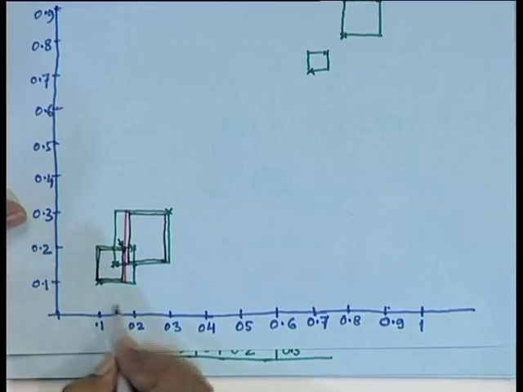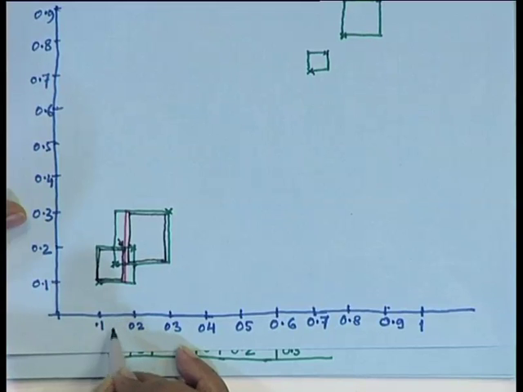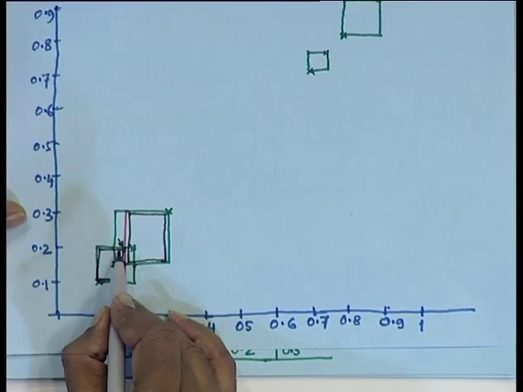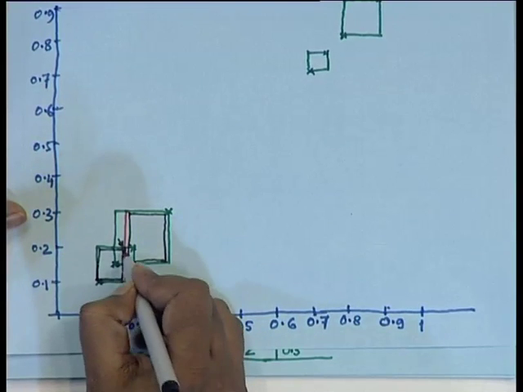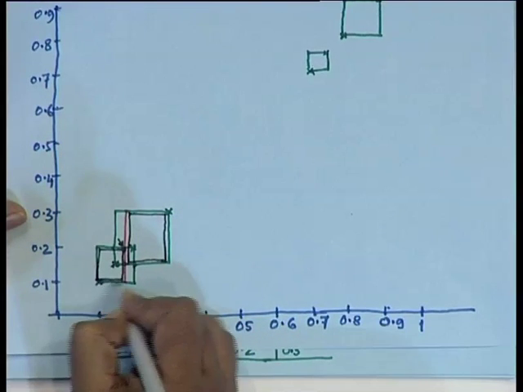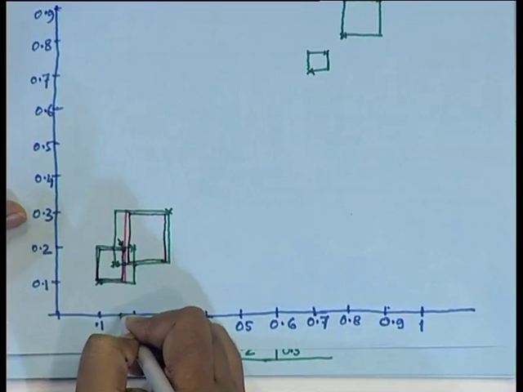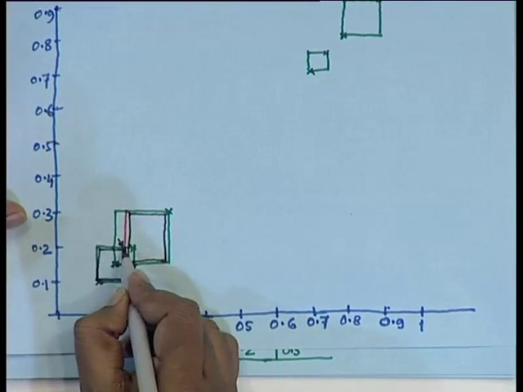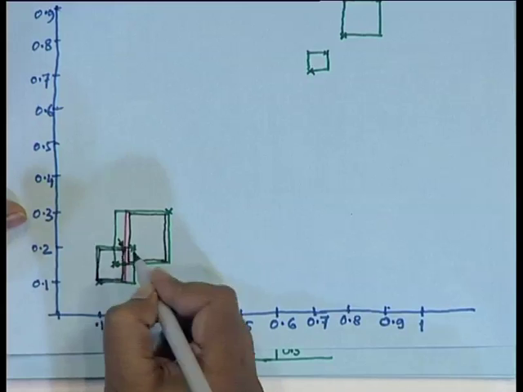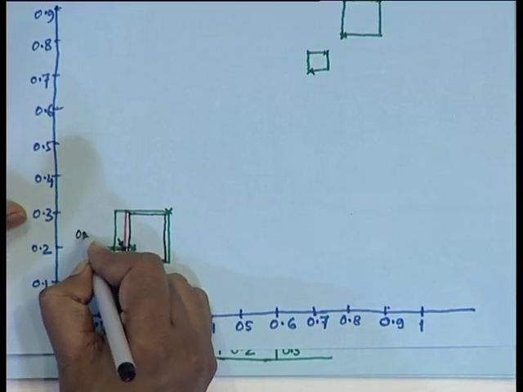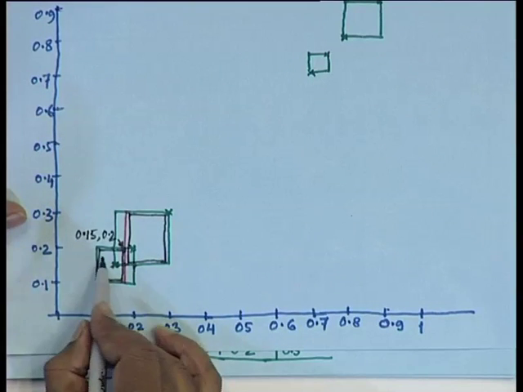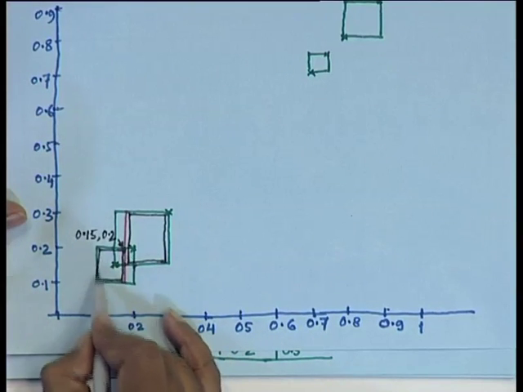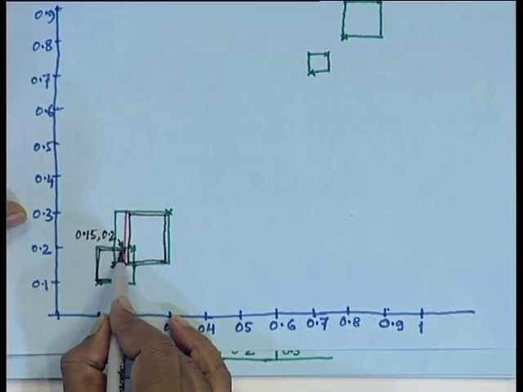And this coordinate will be 0.15 and 0.2. Sorry, yeah, max point for this hyperbox will be 0.15, 0.2, right. That is the modified max point of this hyperbox.